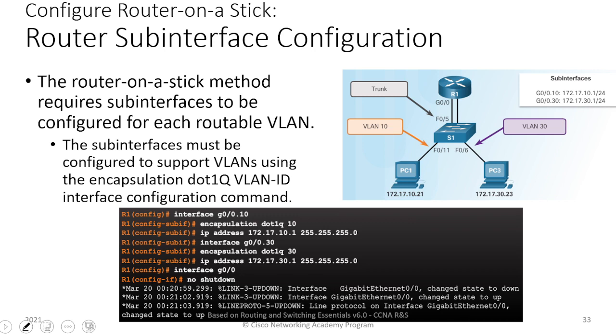From the router end, we have to separate that into each of the sub interfaces. So each sub interface should be tagged or identified with a particular VLAN ID. That's what we configure with the .1Q encapsulation configuration.